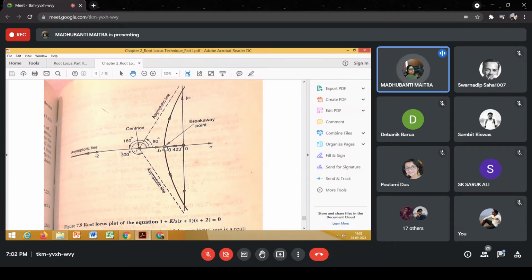And at this particular real breakaway point on the real axis, the value of gain K is maximum, isn't it? On the real axis. Do you agree?